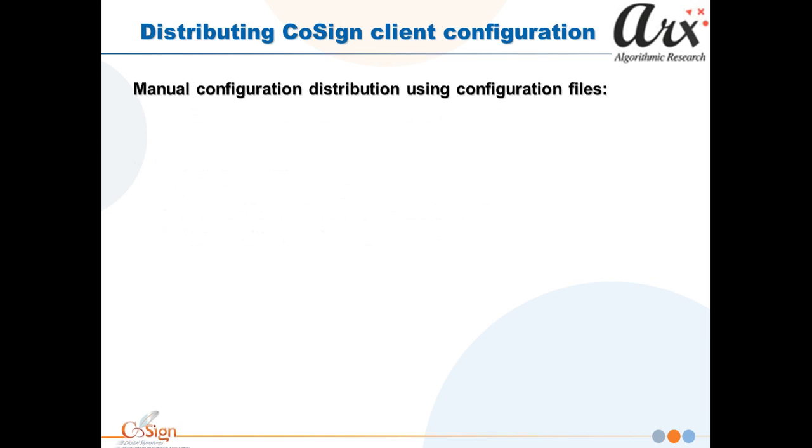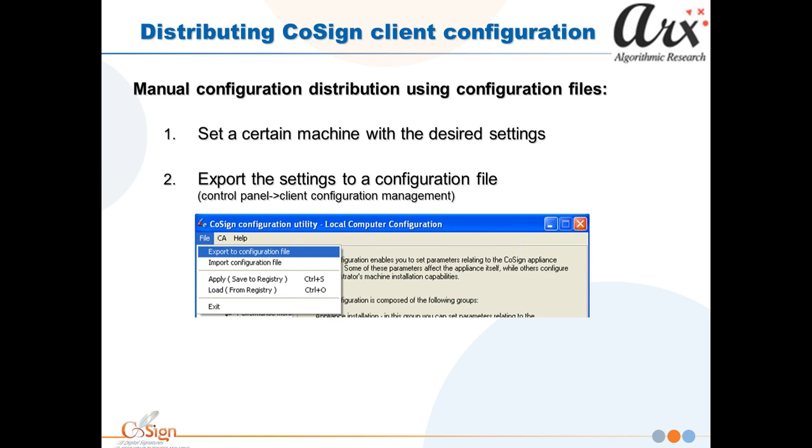Okay. When you do a manual configuration distribution using the configuration files, we're going to select a certain machine with the desired settings. So you set up one user the way that you want all of your users to be defined. And from the client configuration screen, which is in the control panel client configuration, we're going to select File and Export to Configuration File. Okay.